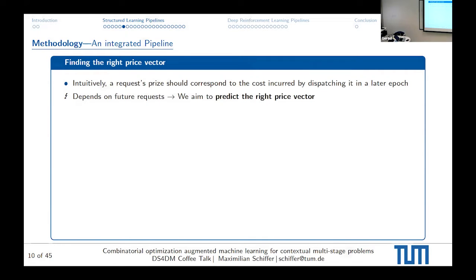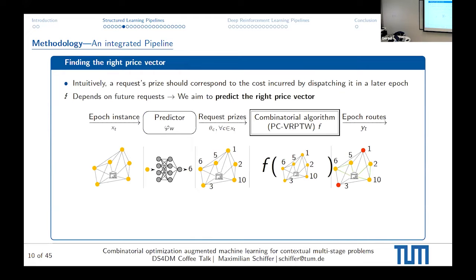If that is more costly than putting it on a route in the epoch where you're deciding, you put it on a route. Unfortunately, if we want to do that, then we need knowledge about future requests, which we don't have, which is where the learning comes in. So the question is, how can we predict the right price vector in this setting?